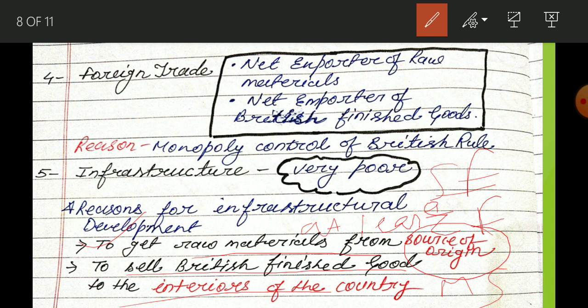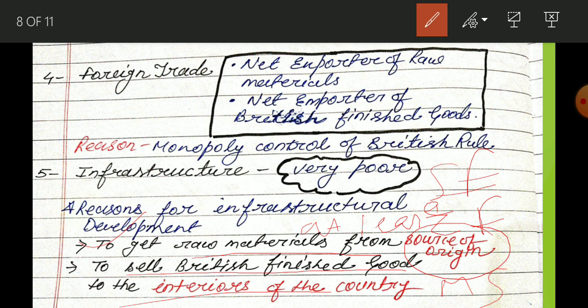Whatever development was done by Britishers, road, the introduction of railway, ports, was done only because of two purposes. First, to get raw material at the least price, and second, to expand their market size. If there is a road, only then can they sell their product to the interior areas of our country.